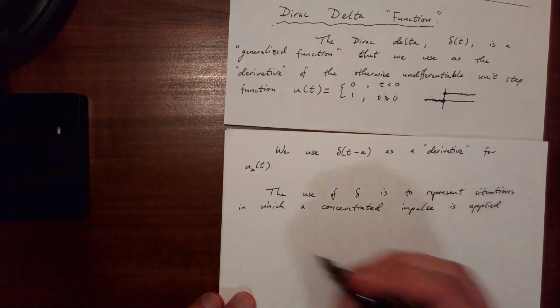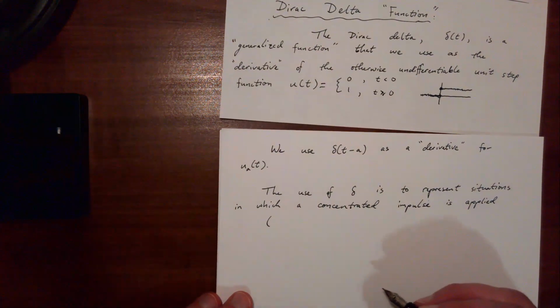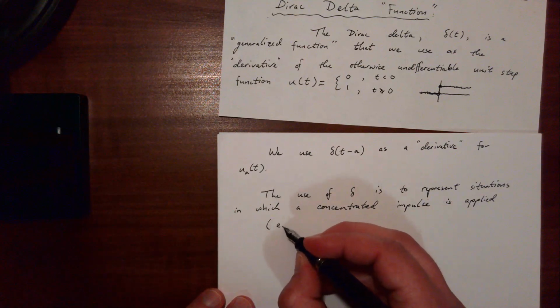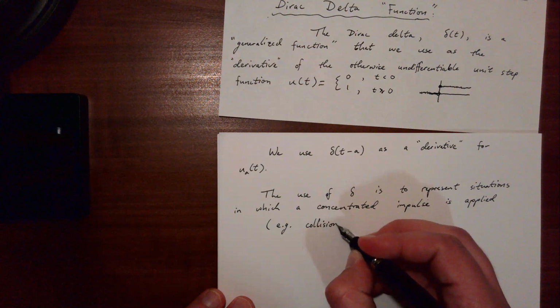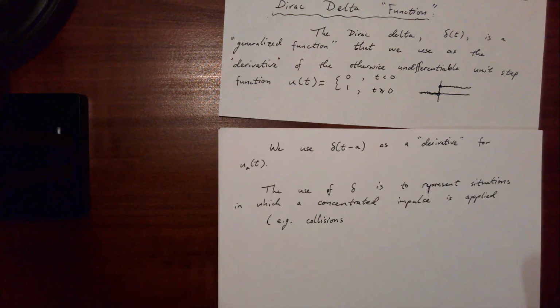And the kinds of things that this could represent would be, for example, collisions. So a collision is nothing until it's a lot. It's not really very well modeled by a continuous process. It's a sudden process, an instant process.